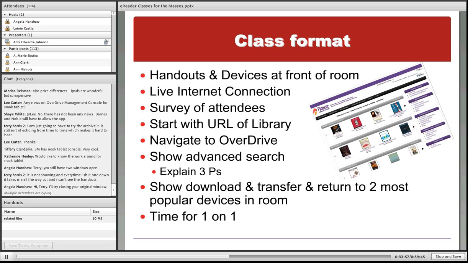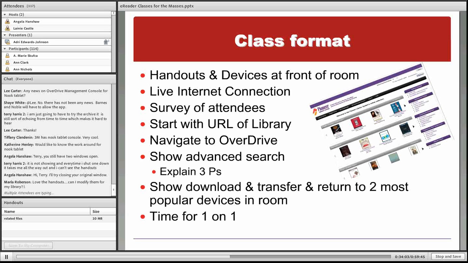That was a difficult class because there were so many people trying to connect to our wireless with their e-reader devices. It did kind of come to a crawl. But the most people we've ever had in an evening session was 90 people.